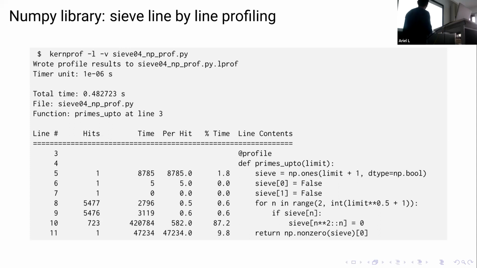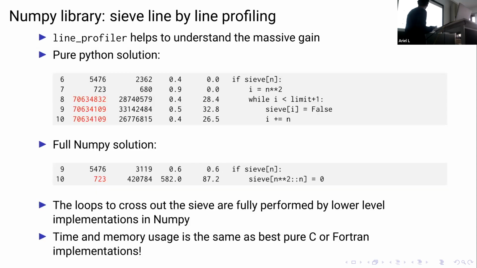It's each time this thing is true and we enter here, and then that's it. All the crossing out is handled by moving through the array with the slice indexes method, which provides a view on the NumPy array to operate on it.